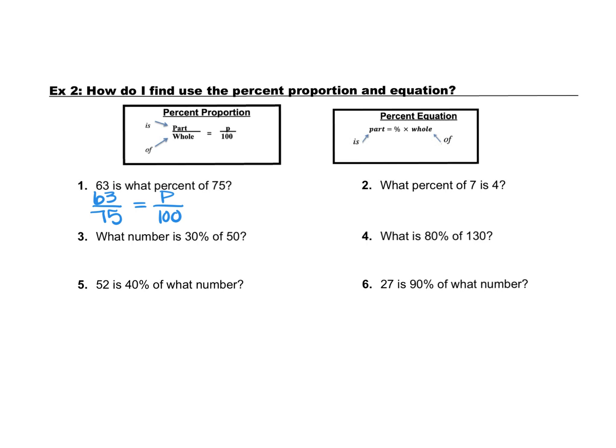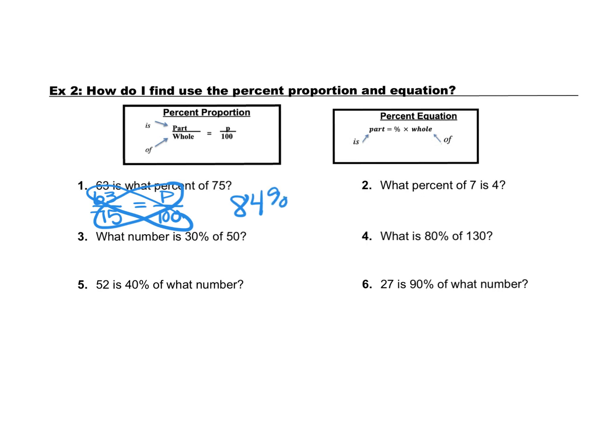If you like to use a percent equation, basically what you would be doing is taking the top number divided by the bottom number times 100. If you like to apply the percent proportion, you would cross multiply and take 63 times 100, and then you're going to divide by the 75. And you'll get 84. And because you were solving for the percent, you would end up with 84%.